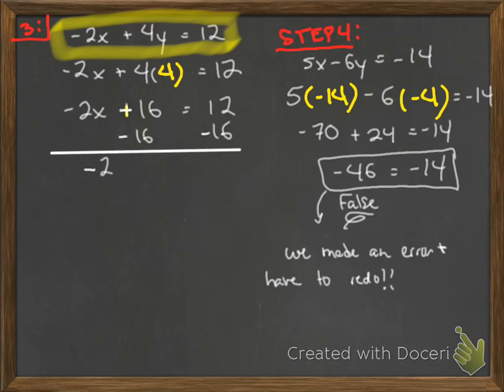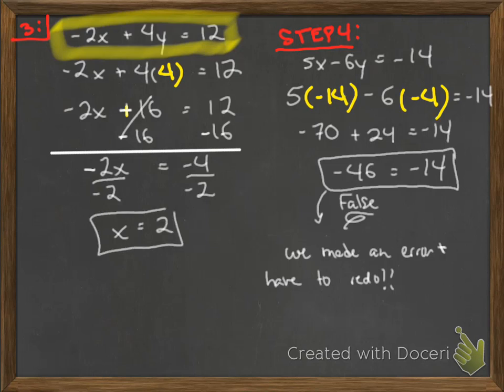And we can bring down our negative 2x equals negative 4. We can divide both sides by negative 2, and lo and behold, we find out that x is not negative 14, but x is positive 2.